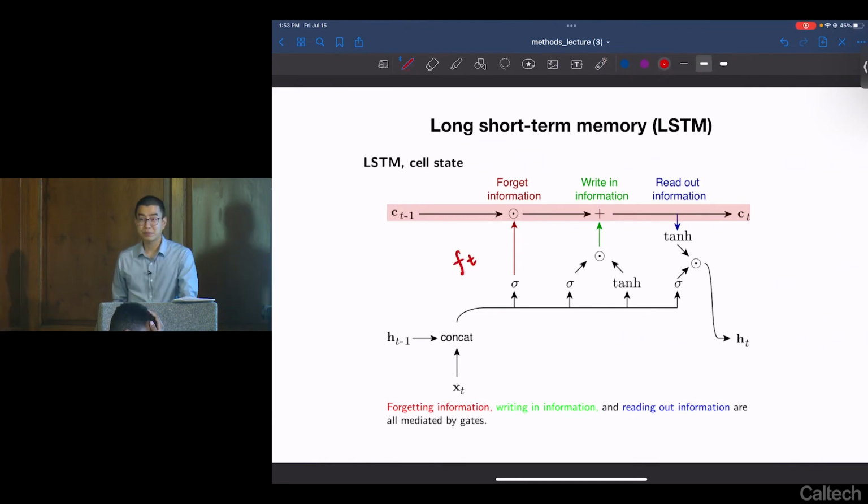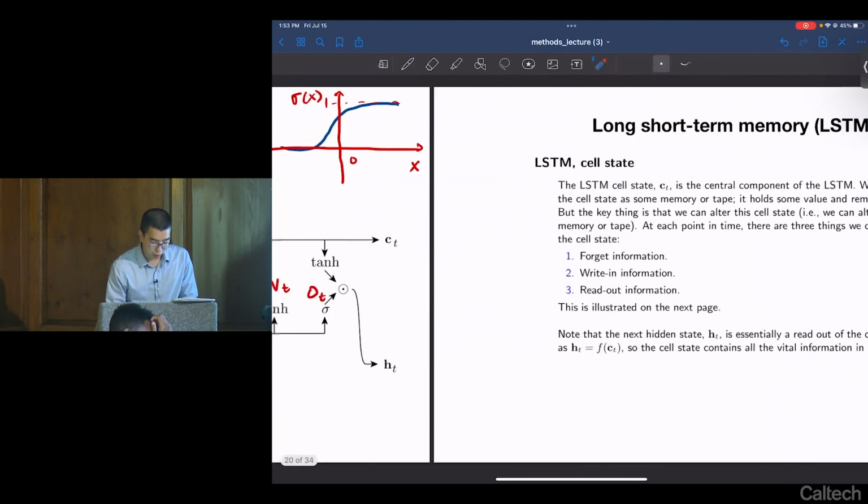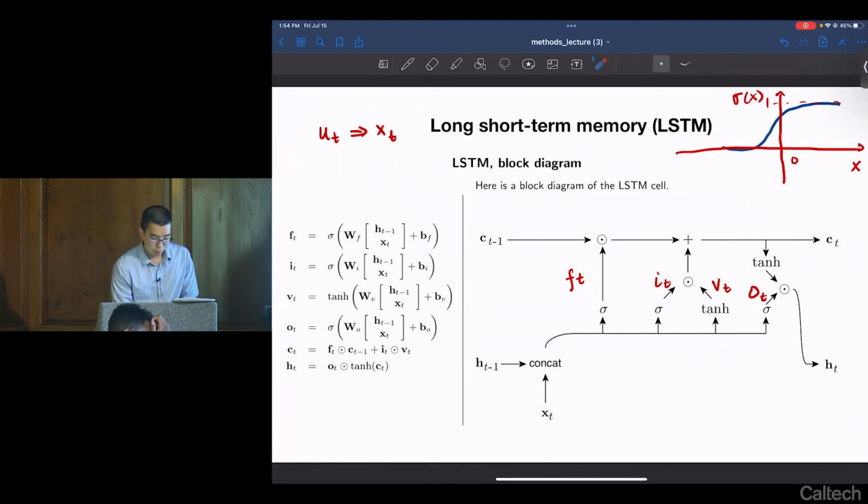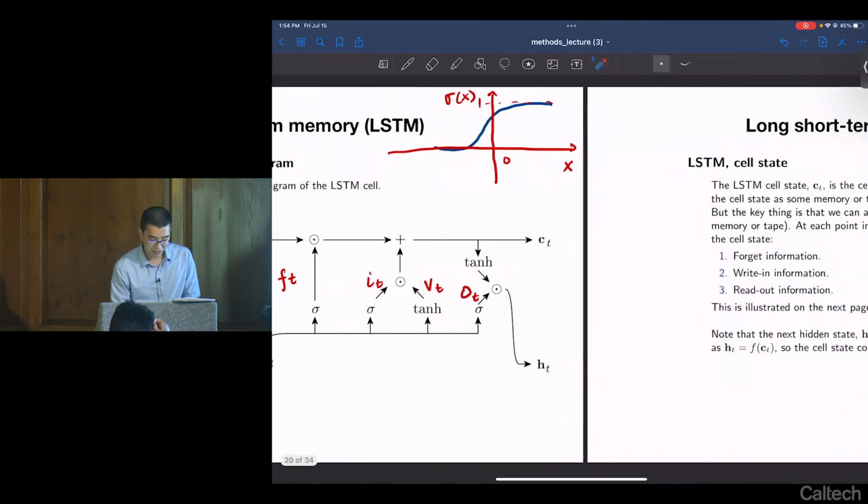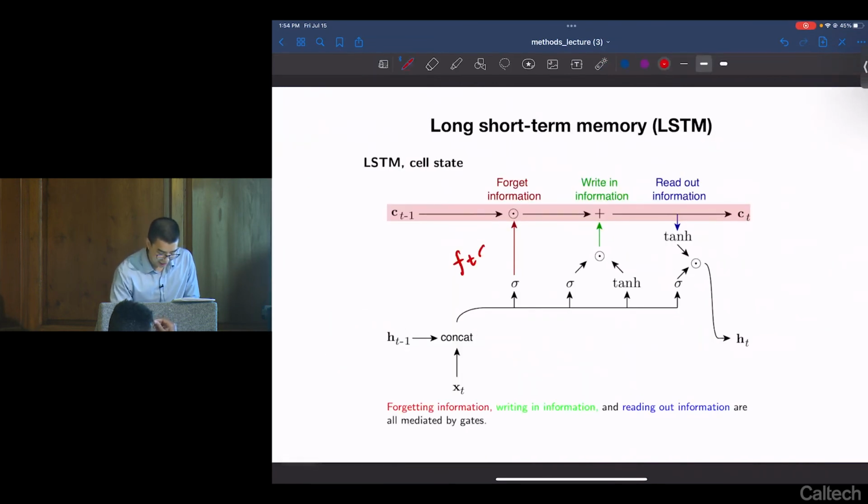So f of t is called the forget gate. And if we look at the equation for f of t, we see that it's a sigmoid applied to this affine transformation. A sigmoid is something that goes between 0 and 1. And so f of t is going to take on some value between 0 and 1.